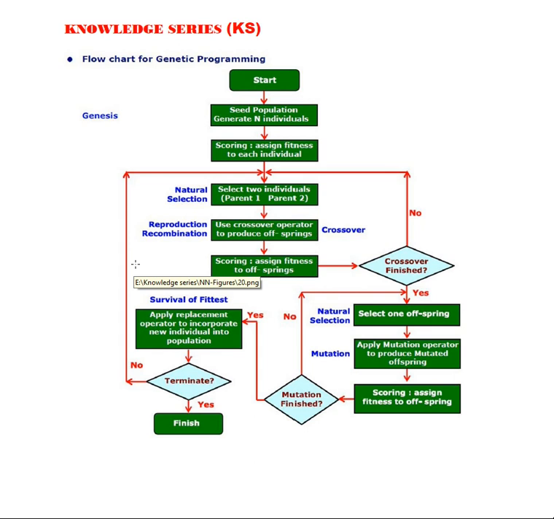Like that we discussed different crossovers, including some others like partially mapped crossover, order-based crossover, shuffle crossover, ring crossover. All of these come under crossover, and crossover is the one which is going to produce the new offspring.